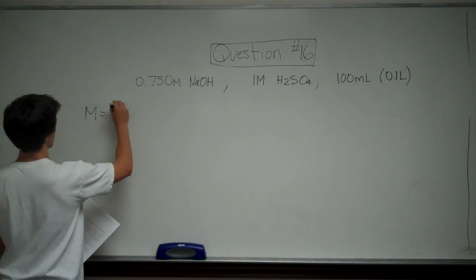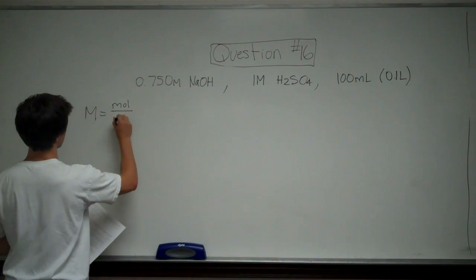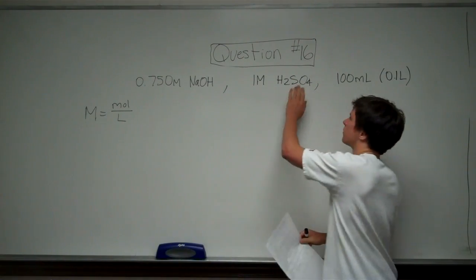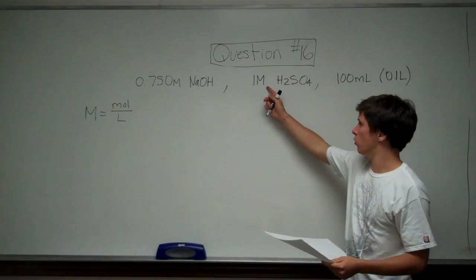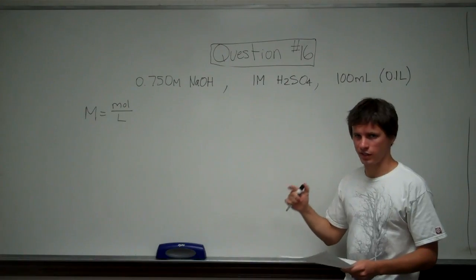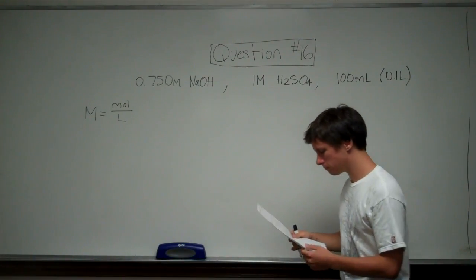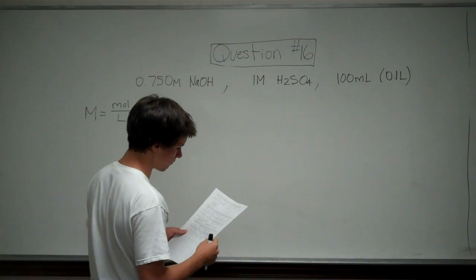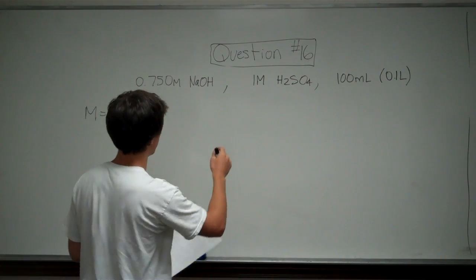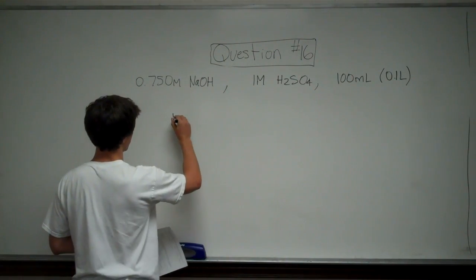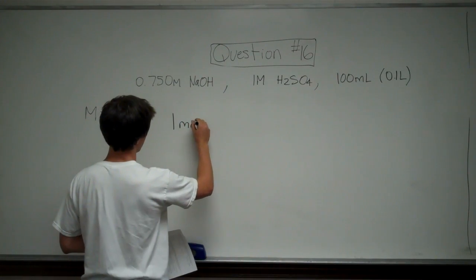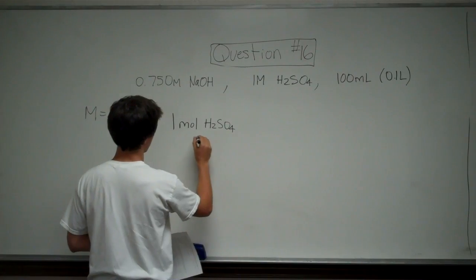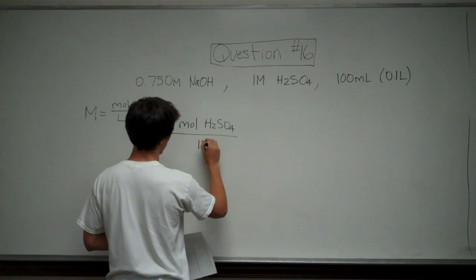Now remember what that capital M means. M means moles per liter. So this H2SO4 is 1 molar, so that means that there's 1 mole of it in every liter of the solution. So they tell us that we have 1 molar H2SO4, which means we have 1 mole of H2SO4 per 1 liter.